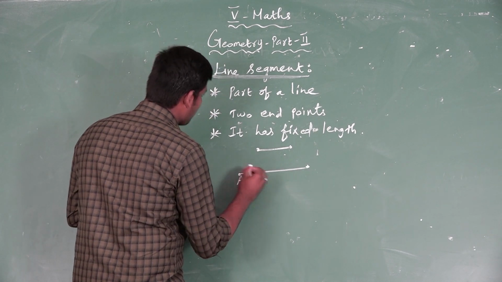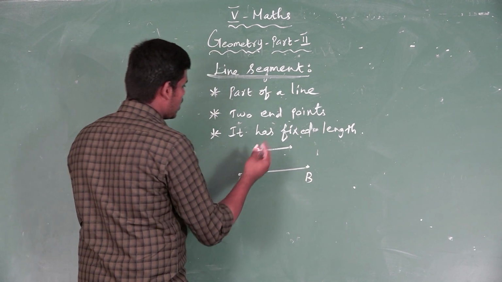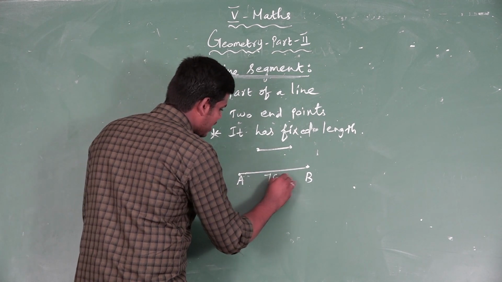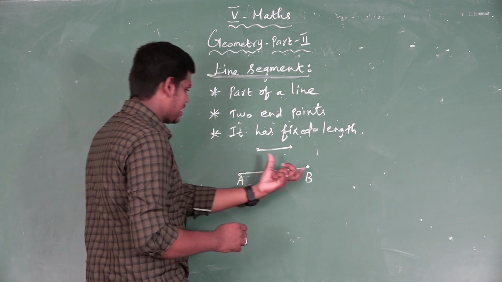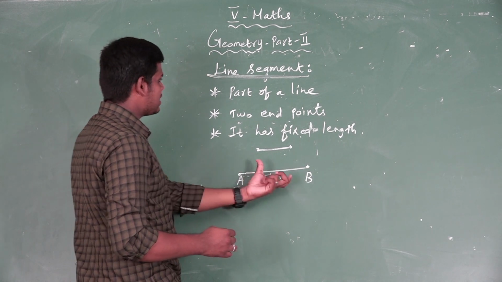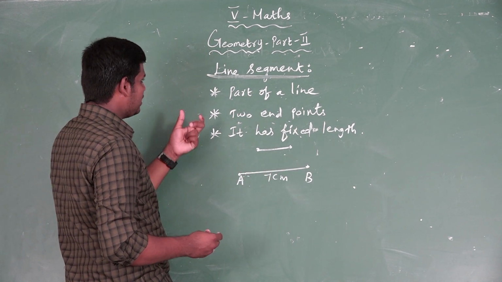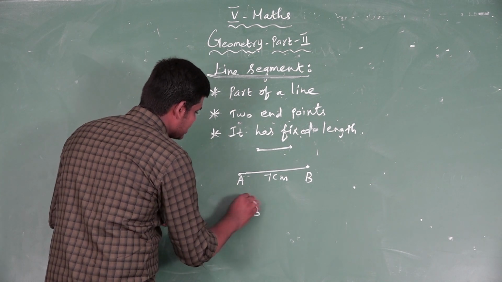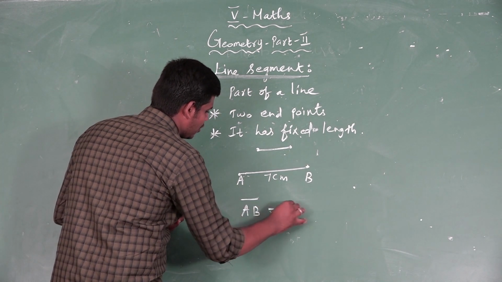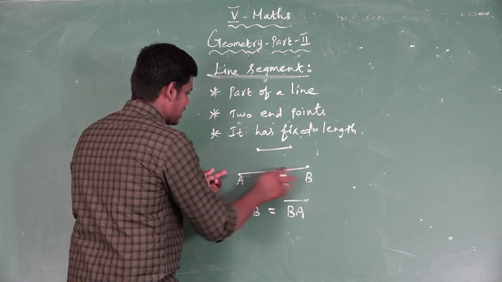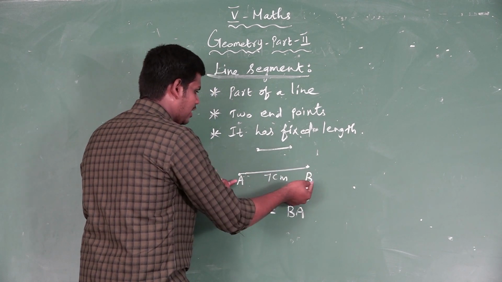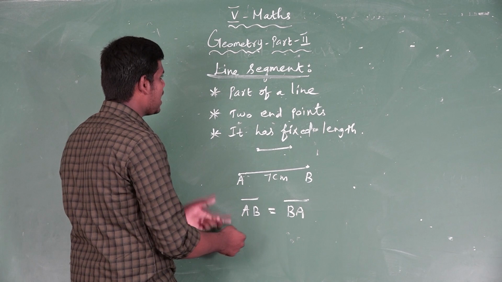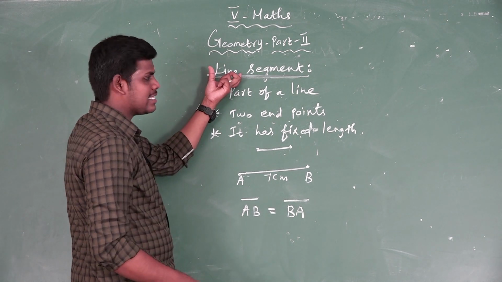So this is point A, this is point B. This is the line segment of 7 centimeter. How can we write it? The line segment can be written as AB is equal to BA. So same distance from A to B or from B to A. This is the explanation about line segment.